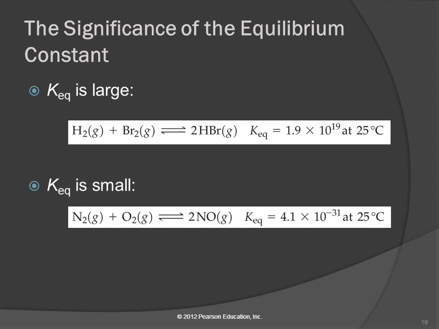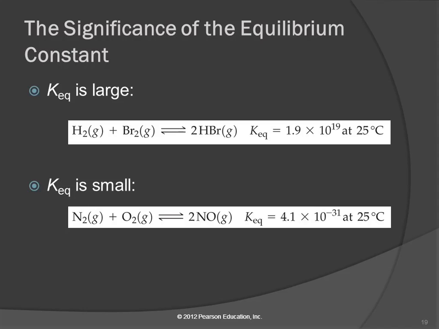So what we'll often see is something like this. Here's an equilibrium. The double arrow means that the reaction goes in the forward direction and in the reverse direction. And then over here it says KEQ equals 1.9 times 10 to the 19th at 25 degrees Celsius. That's a really big number, isn't it? That's a 1 and a 9 with 18 zeros.